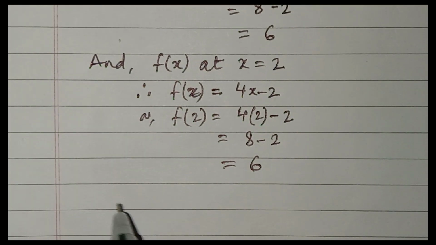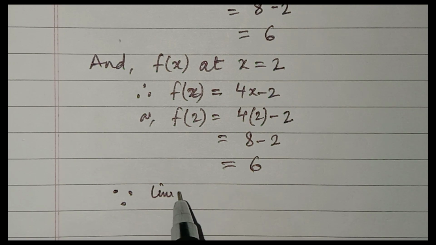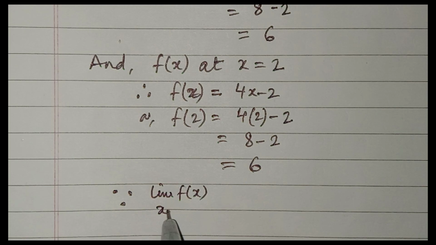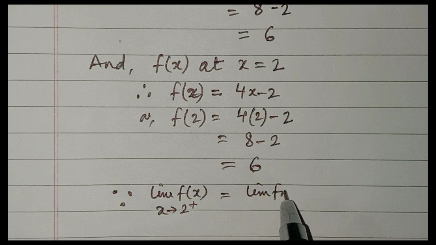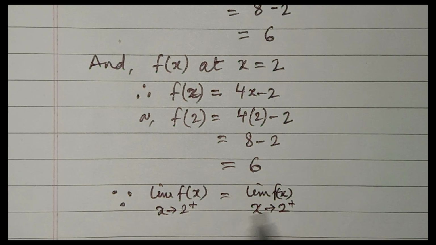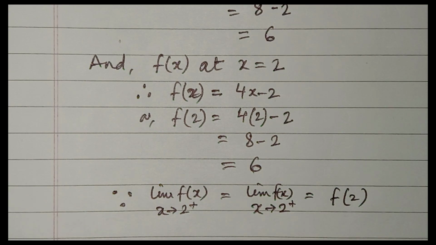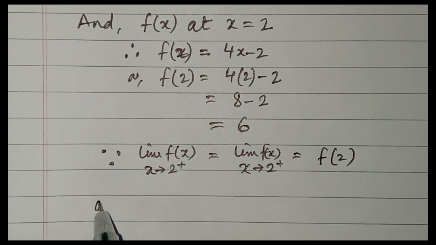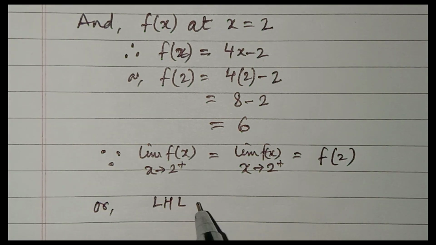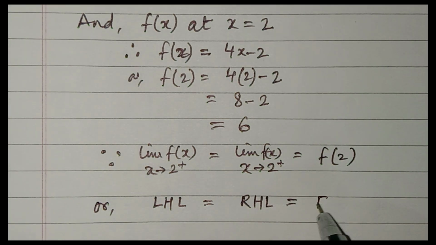Okay, so since the limit of function f(x) as x approaches 2 from left hand is equal to the limit of function f(x) as x approaches 2 from right hand is equal to f of 2, you can also say that left hand limit is equal to right hand limit is equal to functional value.